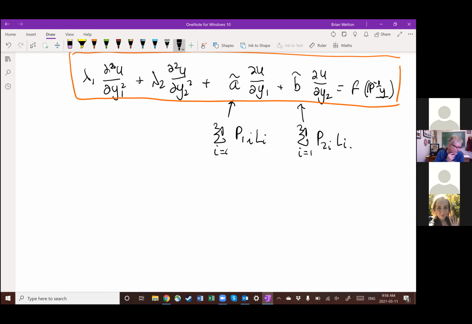So this already looks a lot simpler, right? We've gotten rid of the mixed partial derivative terms. We've got something pretty simple. And here's where you can see 3 cases come out. So there are 3 cases.